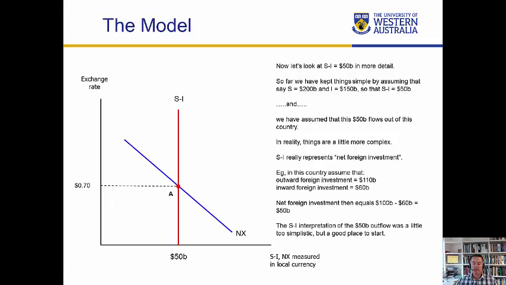So this $50 billion we can still refer to it as excess savings, that's fine, but we can also refer to it as net foreign investment. Now, if the number at the bottom of the S minus I line is positive, it is net outward foreign investment, and if it's negative, it's net inward foreign investment. So if it's negative, it means that in net terms, more foreign investment money is coming into the country than flowing out.